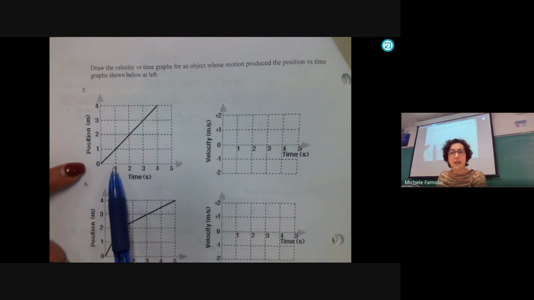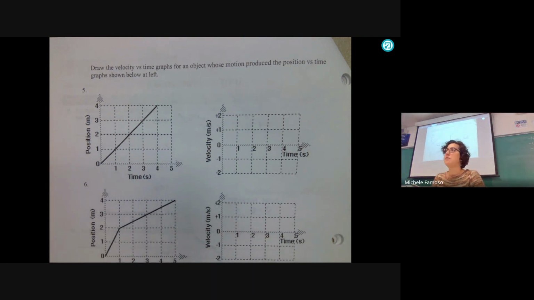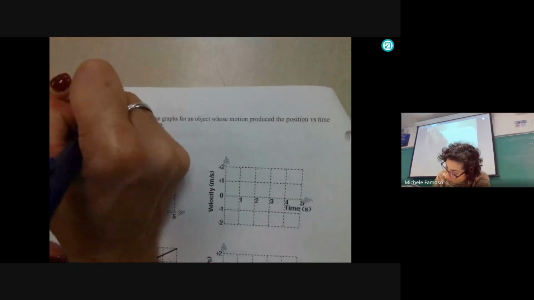How do you find the velocity on a position time graph? What did we say we have to do? You can look back at that summary chart. Addie, what did we say we have to do to get our velocity on a position time graph? Yep. How do I find the slope? So let's review that.